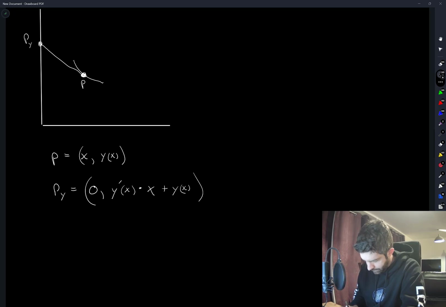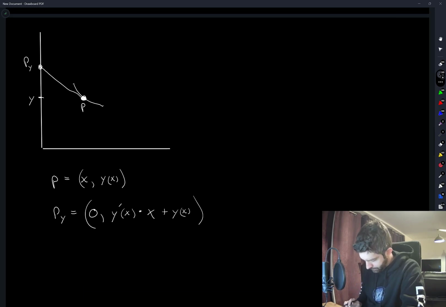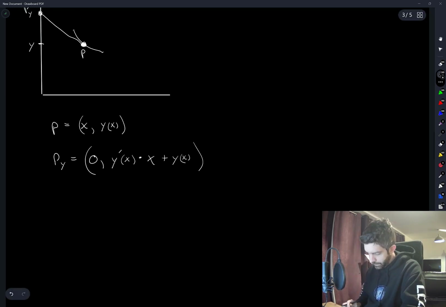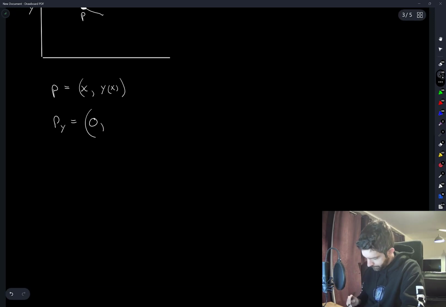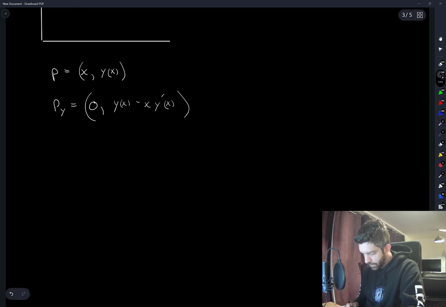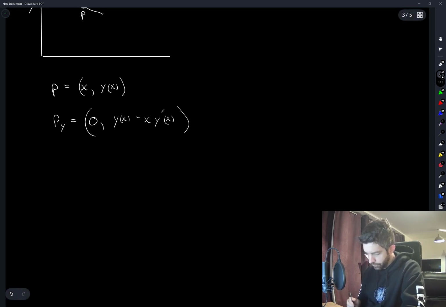I take this y value, so that's y. It's multiplied by negative x, right? There, okay. So let's compute the distance between these 2 points.